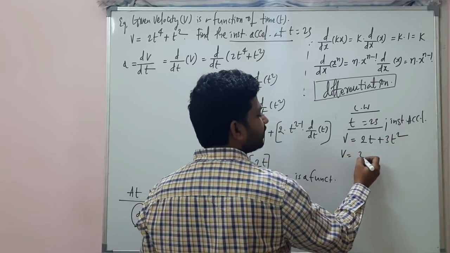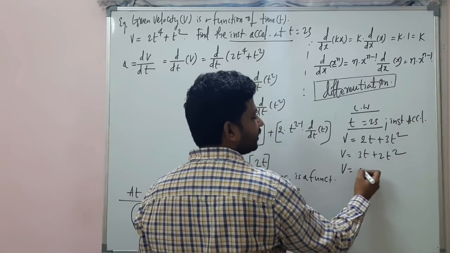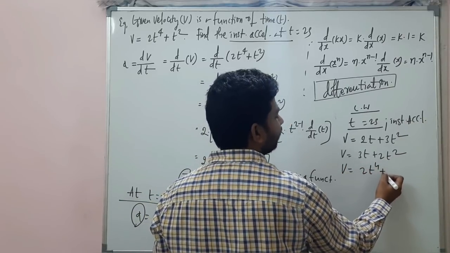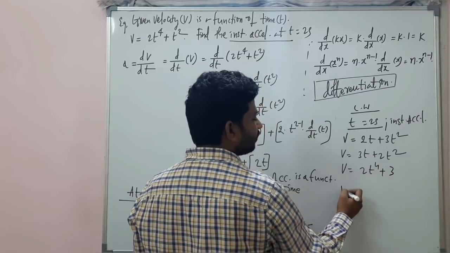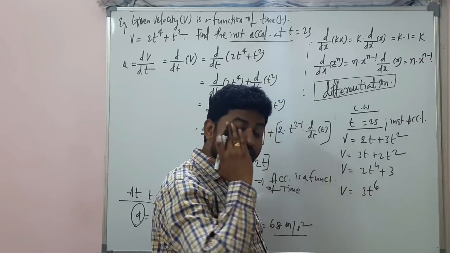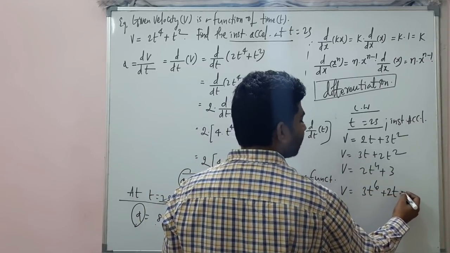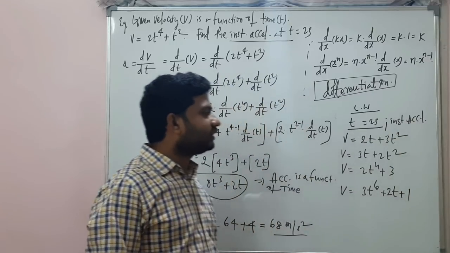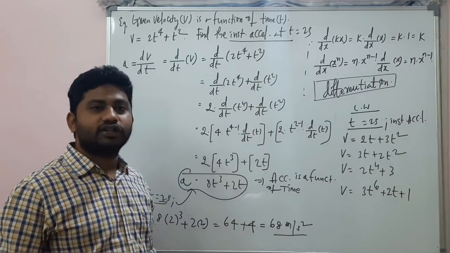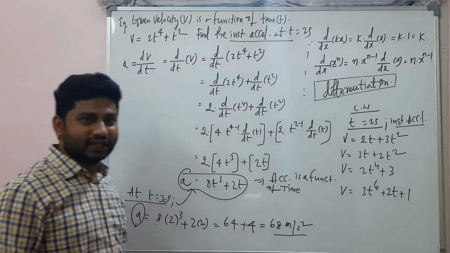Velocity is 3t plus 2t square. Velocity is 2t to the power 4 plus 3. Velocity is 3t raised to 6. Look at here, 3t raised to 6 plus 2t plus 1. Right? For these 4 expressions, you find instantaneous acceleration at t is equal to 2 seconds, my dear students.